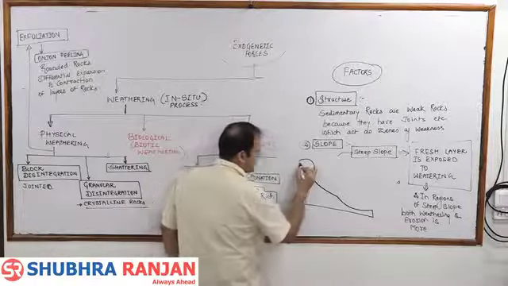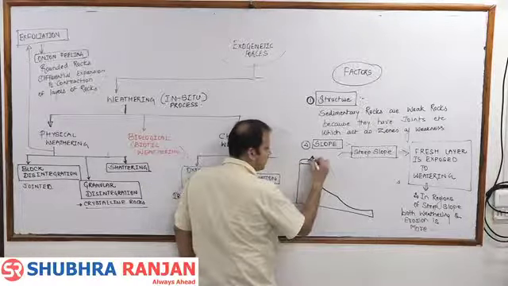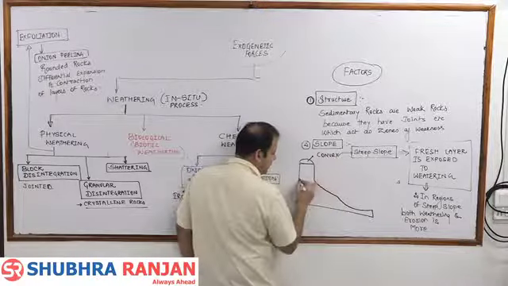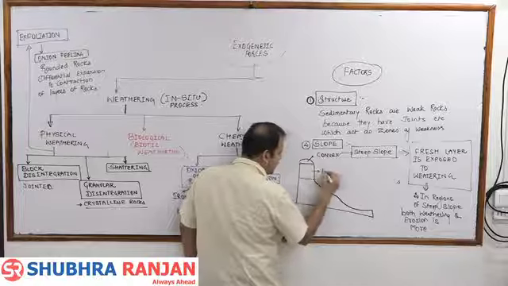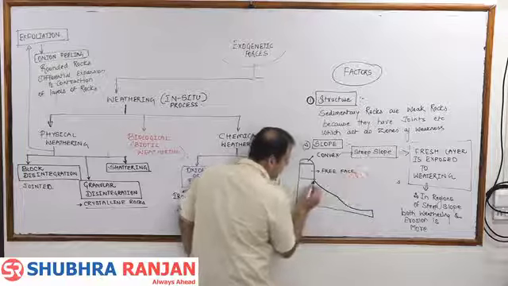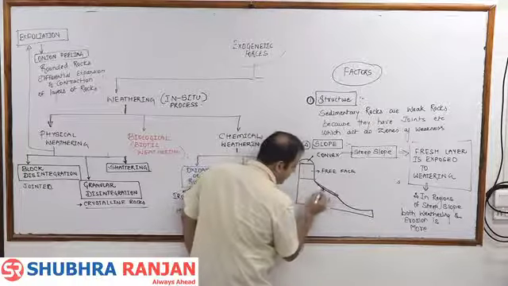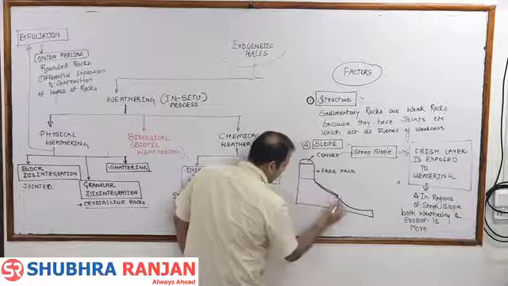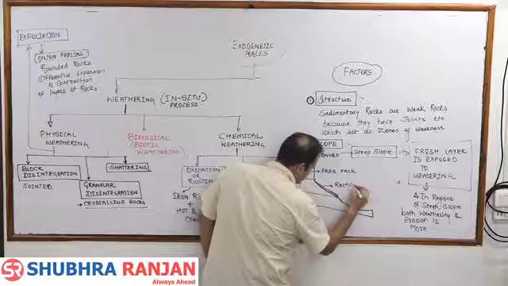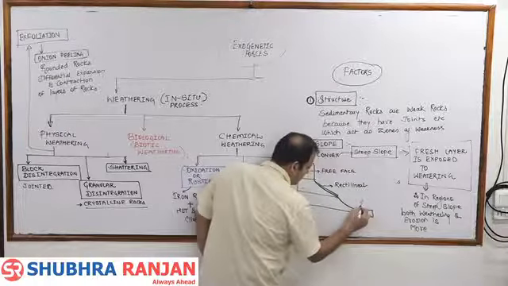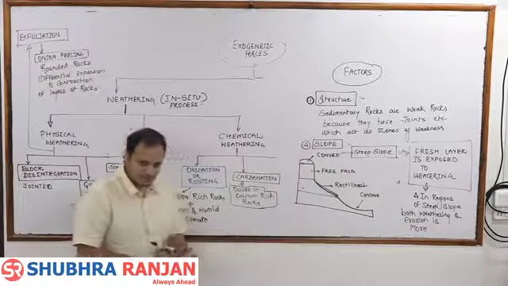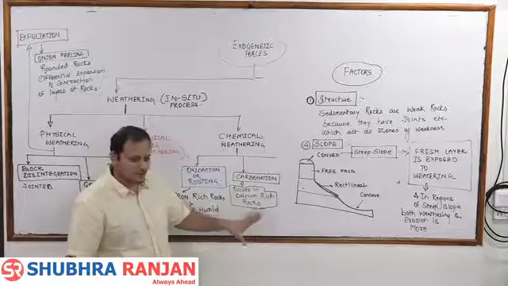So always any slope has one part which is convex, no need of writing anything, has another part which is known as free face, a third part which is more or less straight, and the other part which is known as concave. Understand, this is how the 4 parts of this.